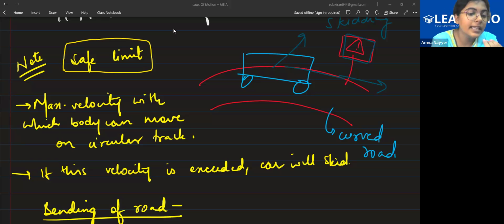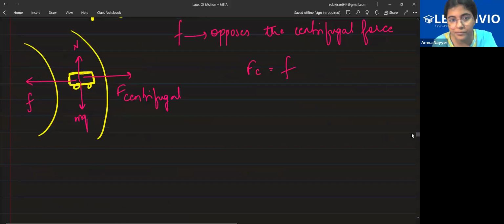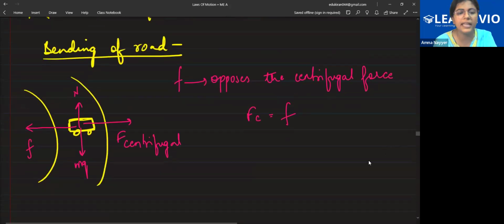Okay. Now, let's start with this. Certain derivations are there in your syllabus which you have to follow and remember. So, simple bending of road. What all things occur? I've already drawn the diagram. There's a curved road, and there's a vehicle in the center of that curved road.